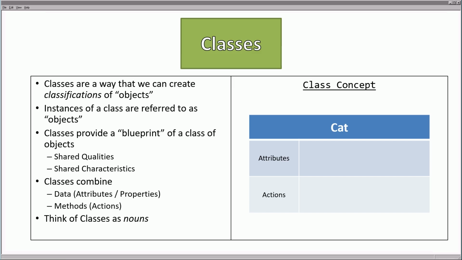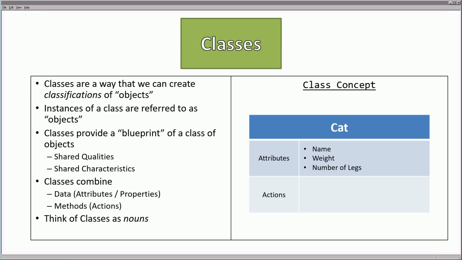Well, one attribute that we can use is a name. We could say that these cats have names. Maybe we also want to keep track of the cat's weight. And finally, maybe we want to keep track of the number of legs that the cat has. These are just some of the attributes that we can assign to this classification that we call a cat.